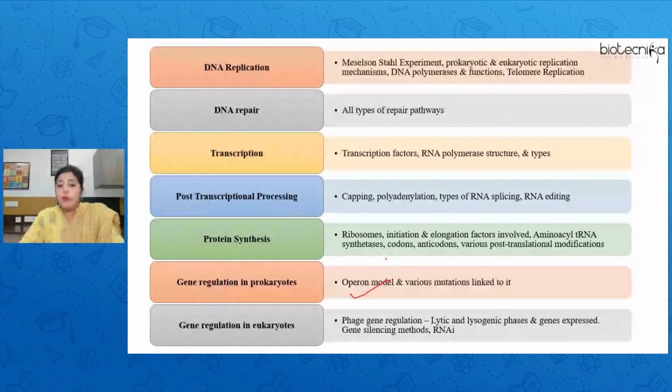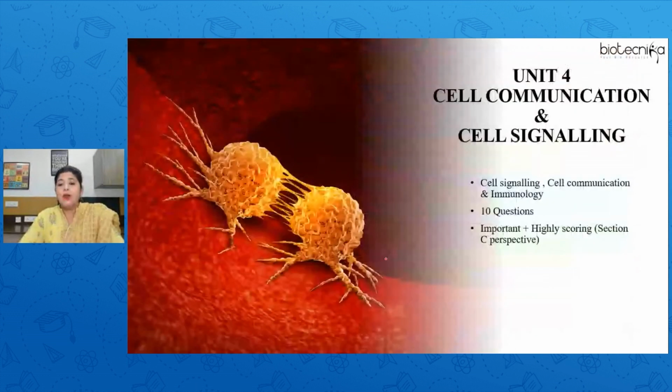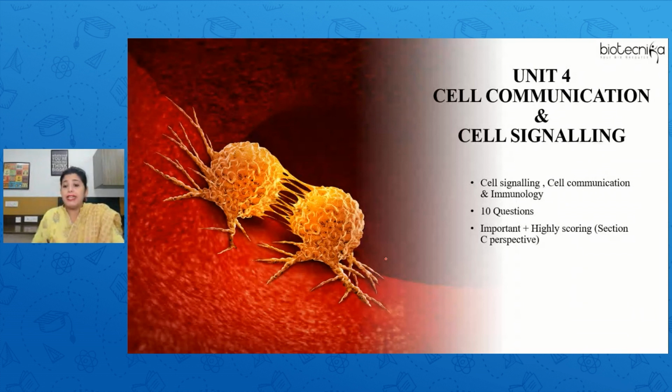And then moving on to unit 4, which is about cell communication and cell signaling. Now, this unit 4 is a mixture of cell biology and immunology. Knowledge of cell biology is a prerequisite to study cell communication. So in this unit 4, you study cell signaling, cell communication, and immunology.